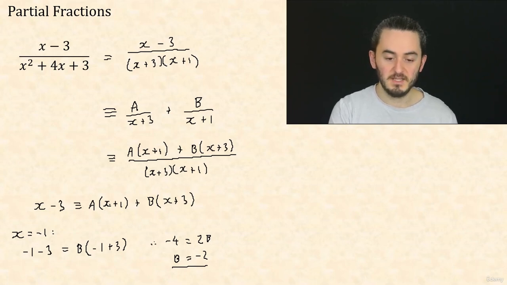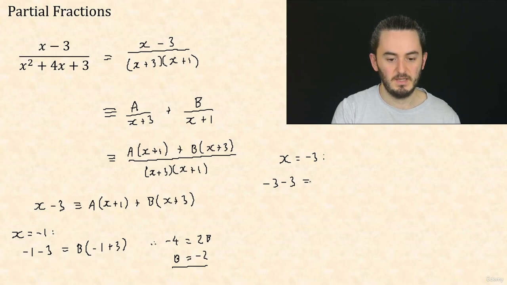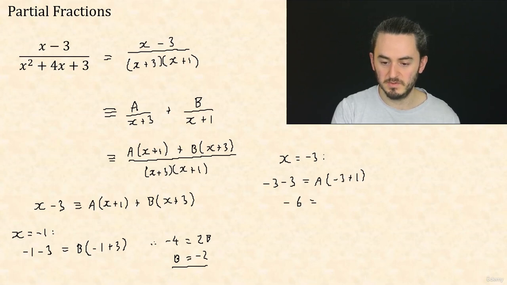To find a, I'll want this bracket to be 0, which means I'll sub in x equals negative 3. And when I do that, I get minus 3 on the left, and on the right I get a times minus 3 plus 1. This bracket is just 0 because negative 3 plus 3 is 0, and that leaves me with negative 6 equals, and that's minus 2 there, so minus 2a, and that means that a is 3.